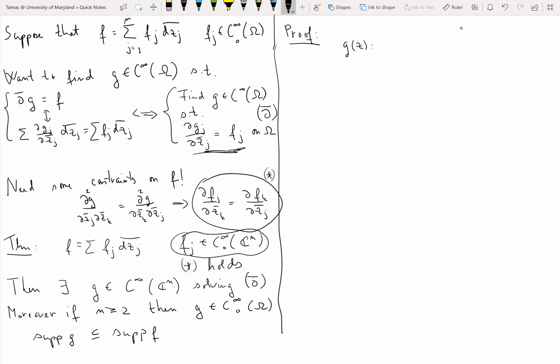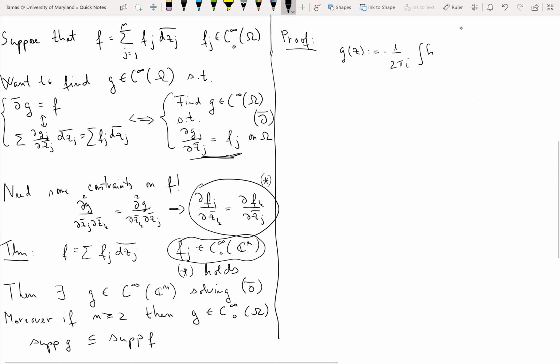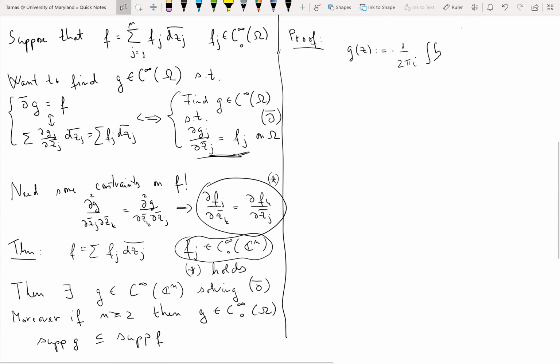You can pick G of z to be this interesting looking expression: the solid integral over C of the following expression, with F1 at psi, z2, up to zn, d psi, psi bar.